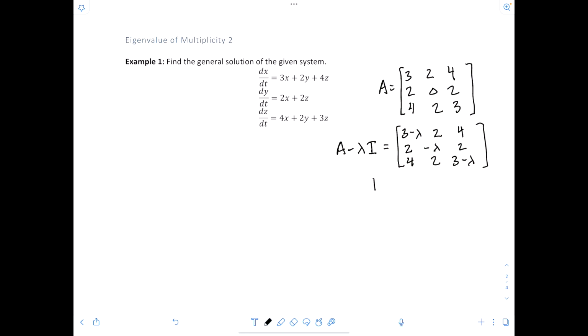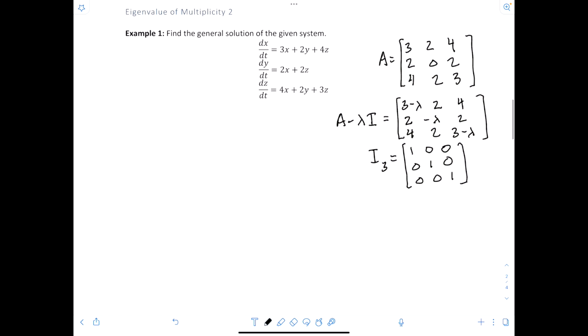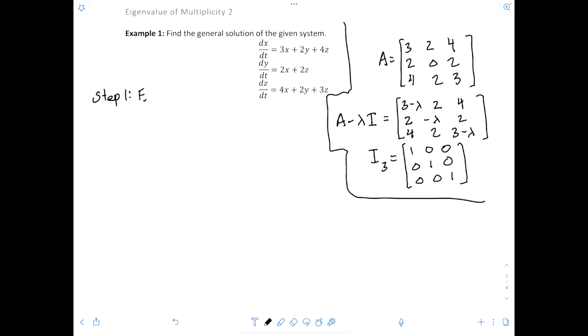Of course we're using I3 because A is 3 by 3, and I3 is the identity element for matrix multiplication for 3 by 3 matrices. Groovy?